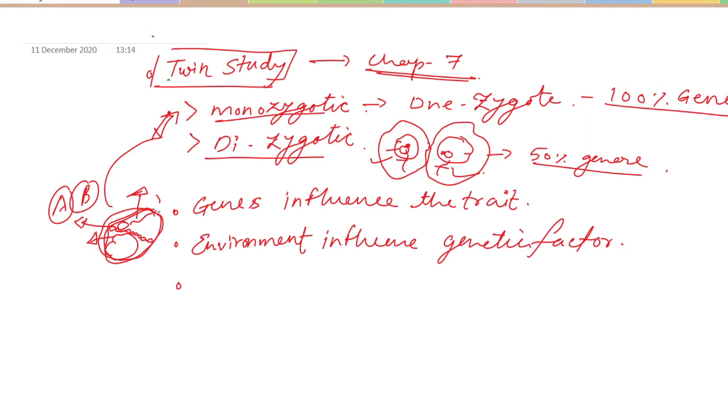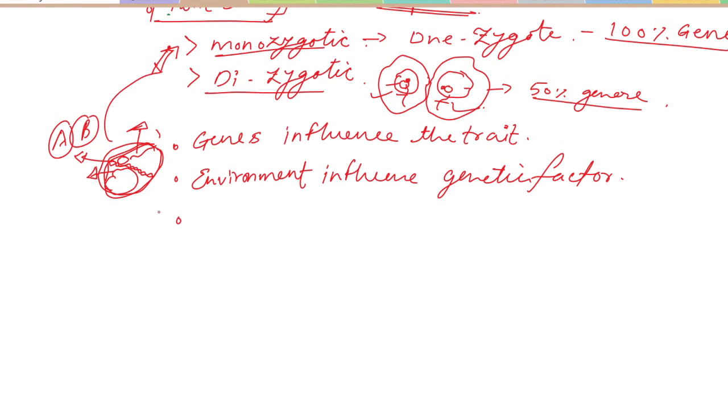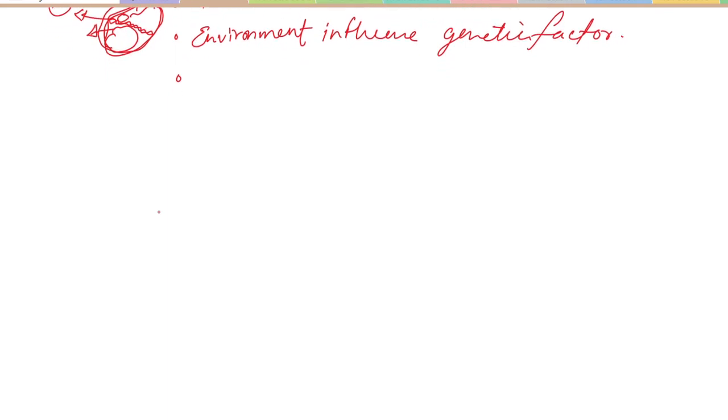So now we'll talk about certain features. We'll talk about monozygotic and then dizygotic twins.